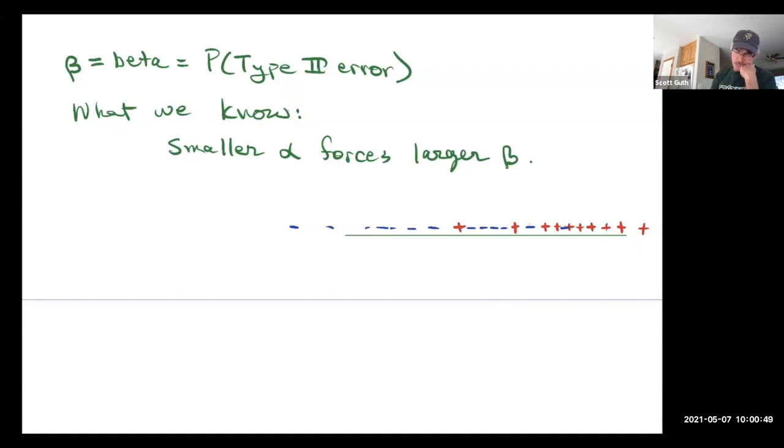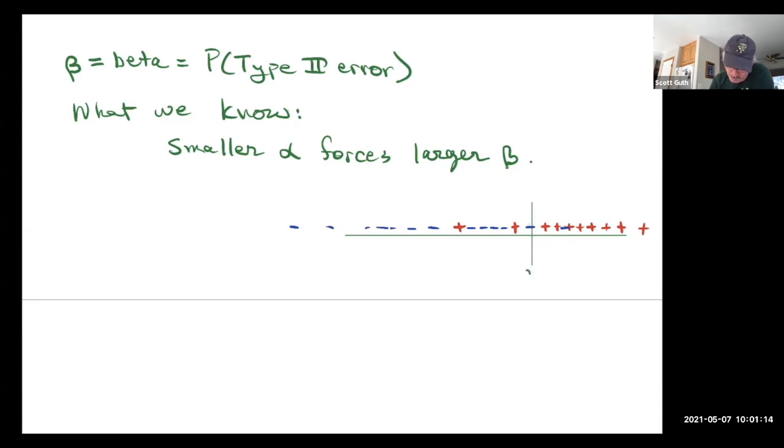And so the question is, you're the researcher who's designing this test, and where are you going to draw a line? It has to work for as many people as possible. So where are you going to draw the line to decide who's sick and who's not sick? Well, I could put the line here.